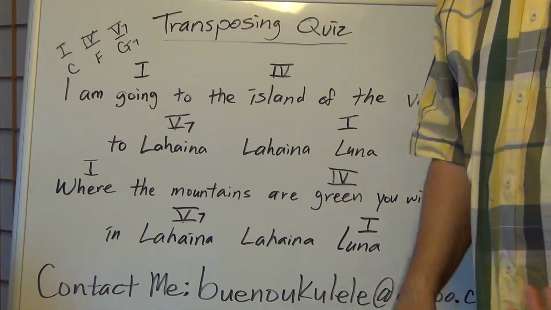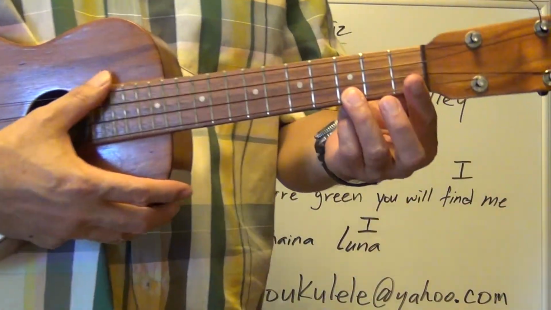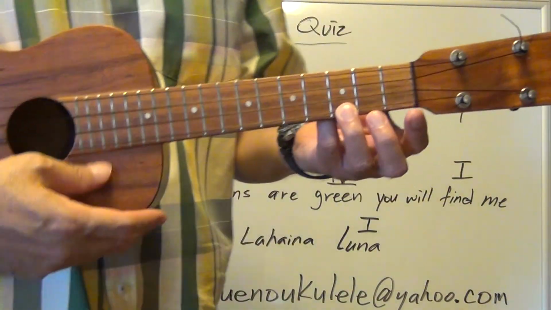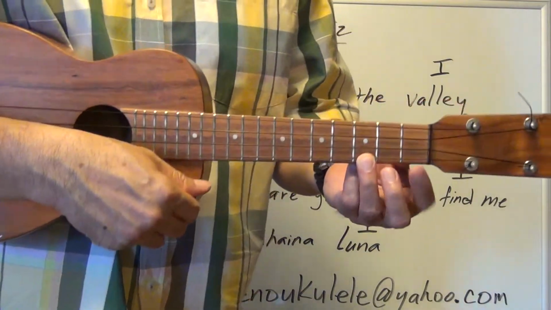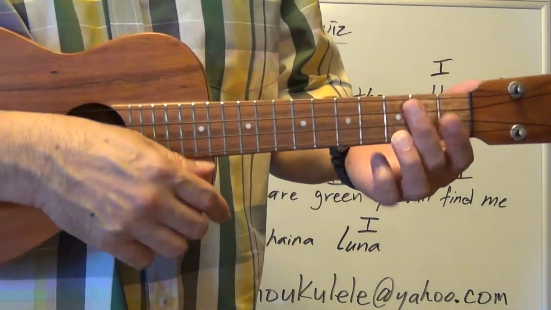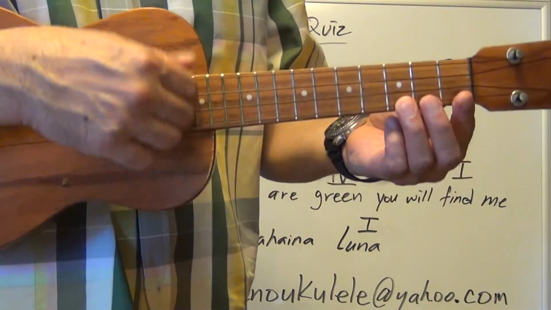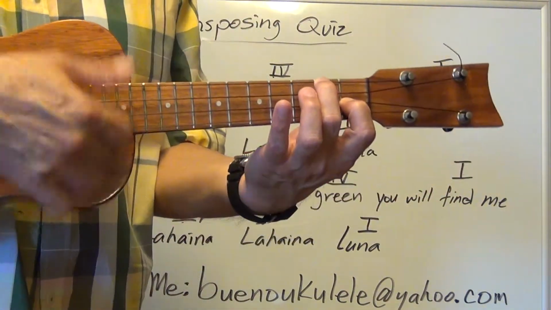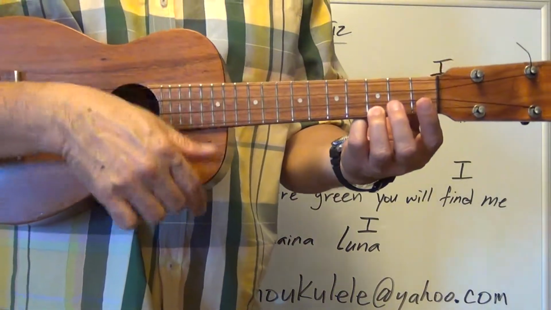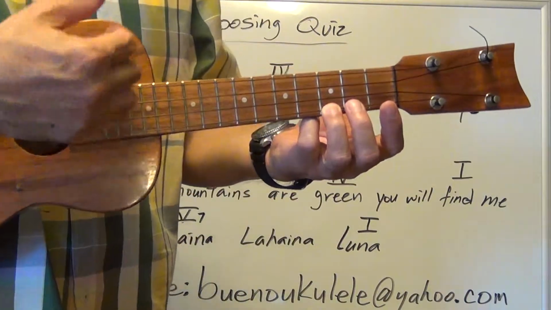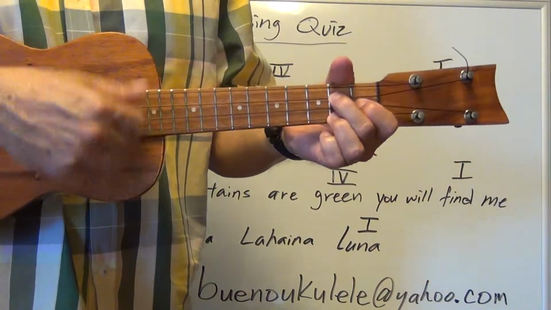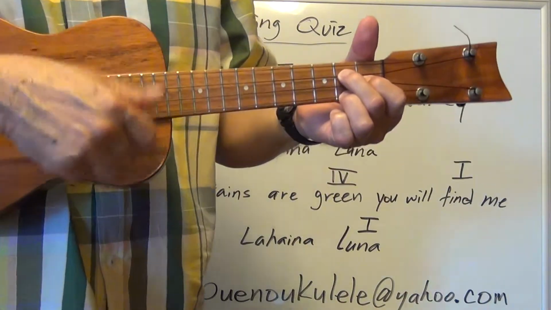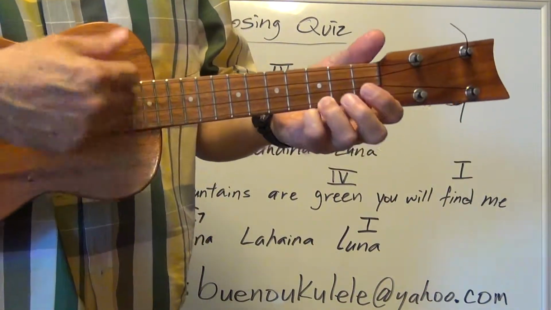Okay, here we go. So follow along on your music sheet, and we're playing the Roman numerals. Here we go. 1, the key of C. 1, 2, 3, 4. I'm going to the island of the valley, to La 5/7, Lahaina Luna.